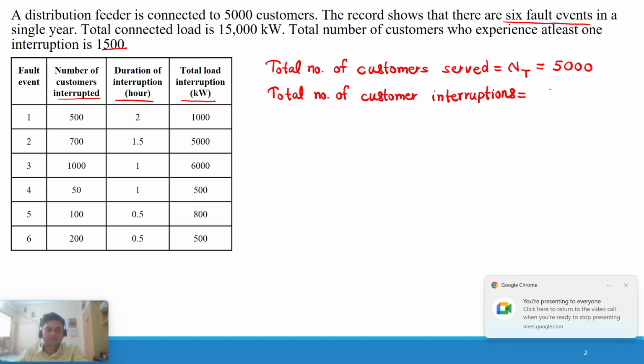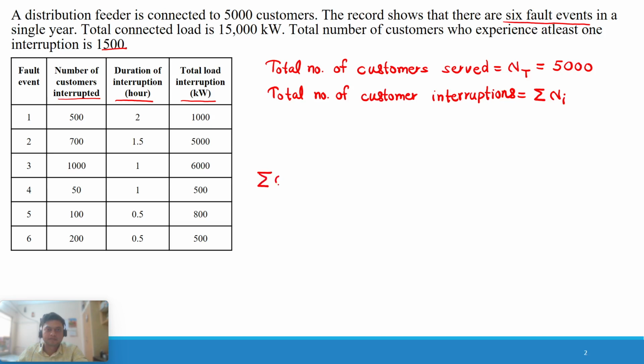We usually denote this as summation Ni. For this summation Ni, for the different events, how many customers were interrupted, for each fault event, the data are given and we have to just sum this up. From that we will get sigma Ni.